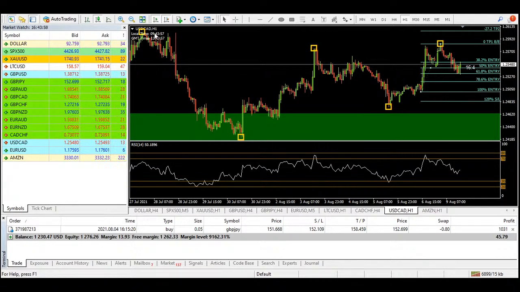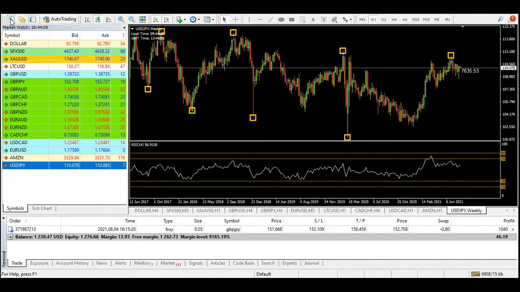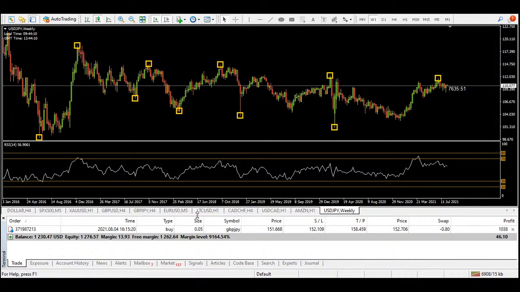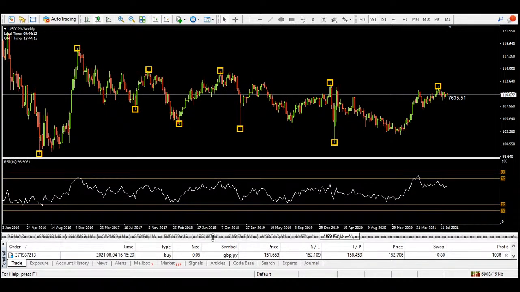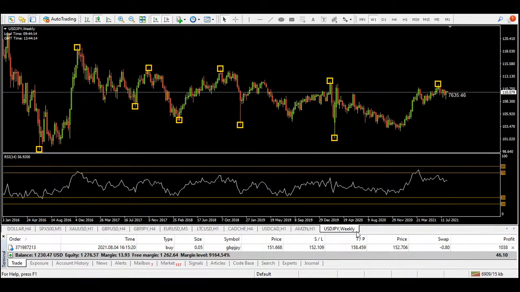Majors. Take a look at UJ. That's the GJ trade that I've been in since the 4th. Let's take a look at UJ real quick.